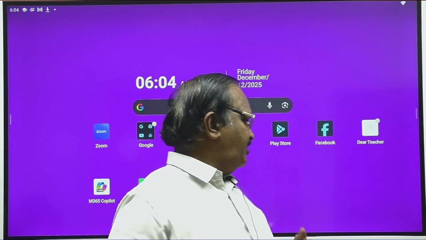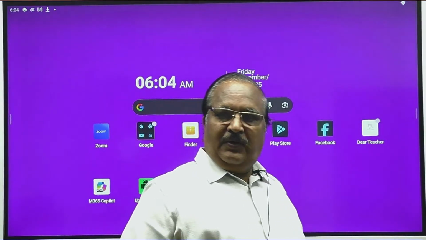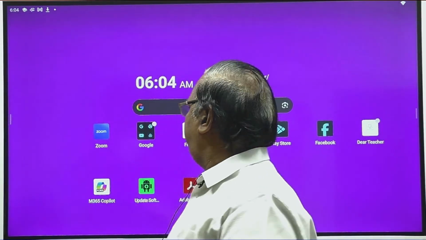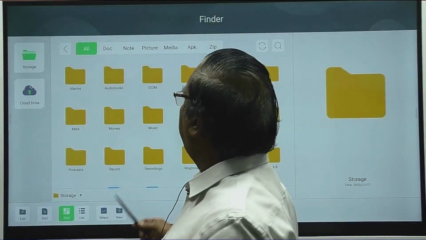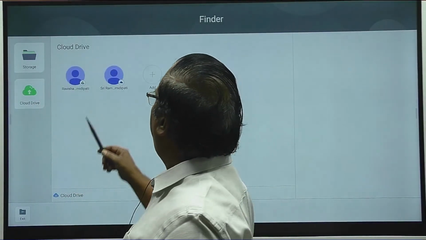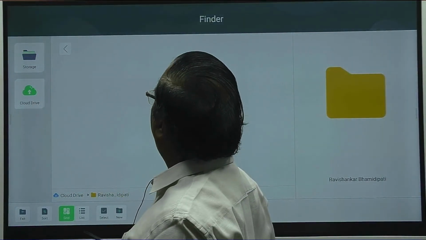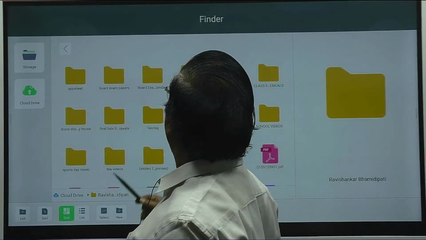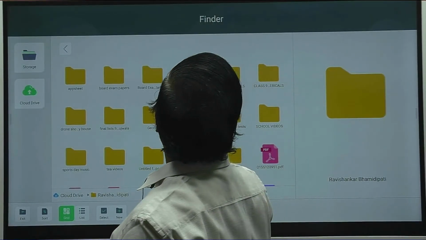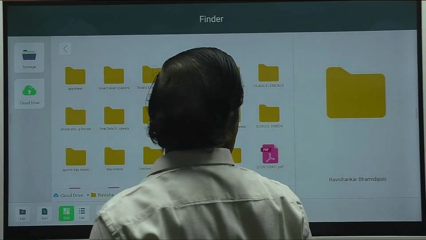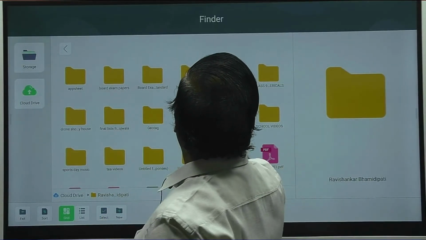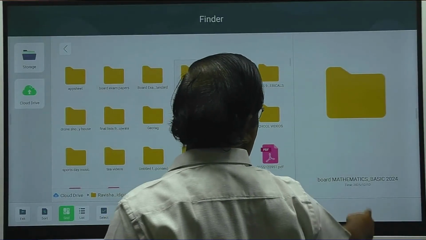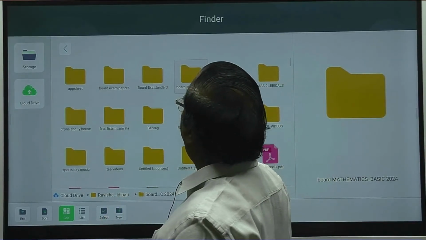So now let me open my file. Board examinations questions, basic 2024.